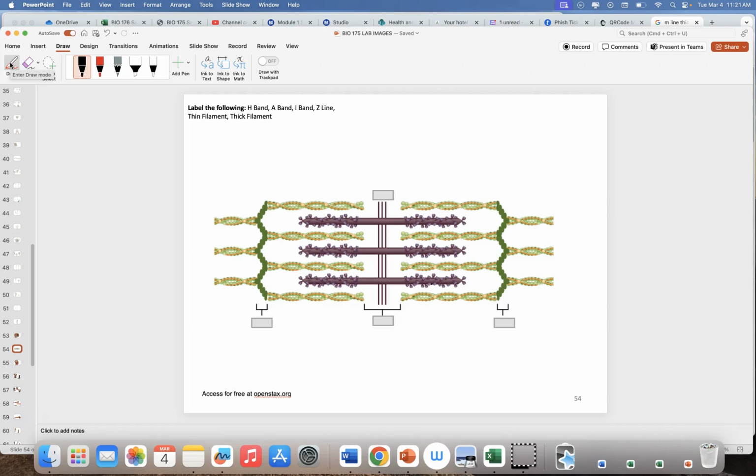Let's go ahead and refer back to our skeletal muscle fiber model for just a moment, again, just to get our bearings.